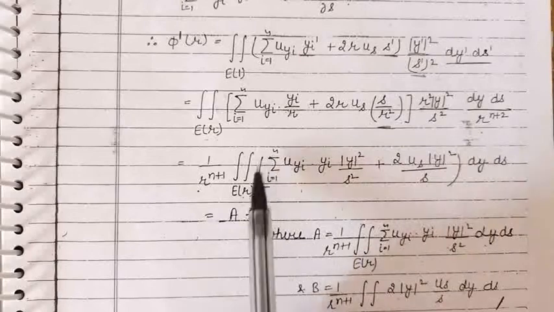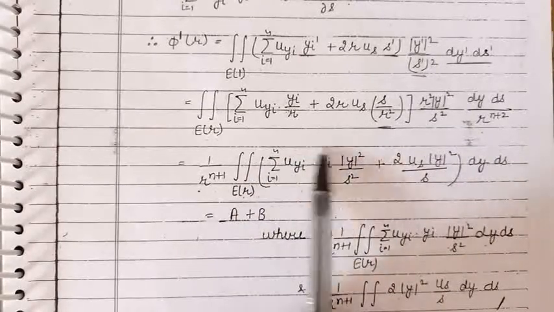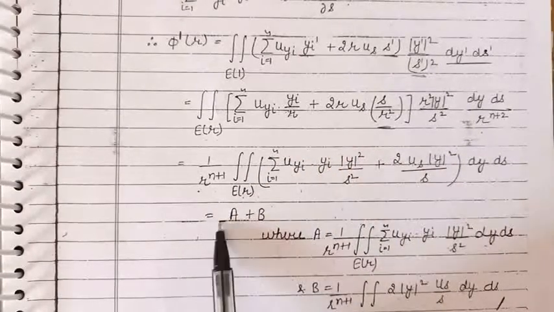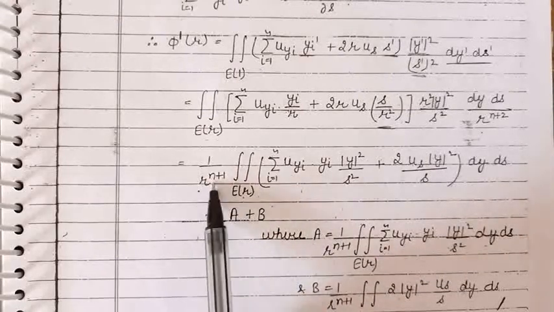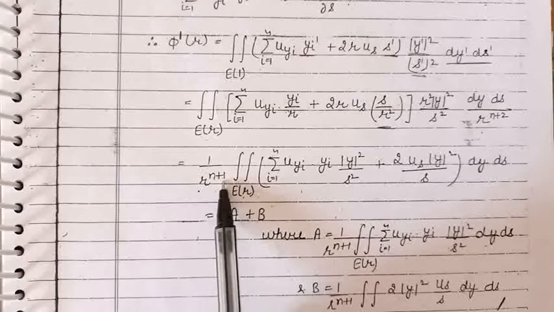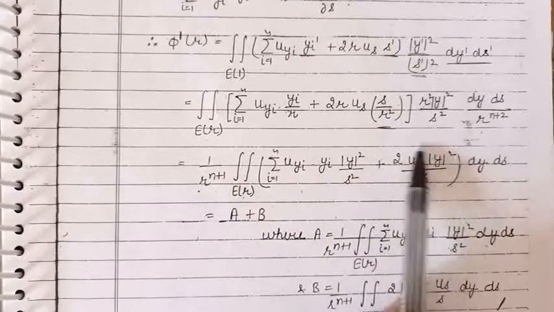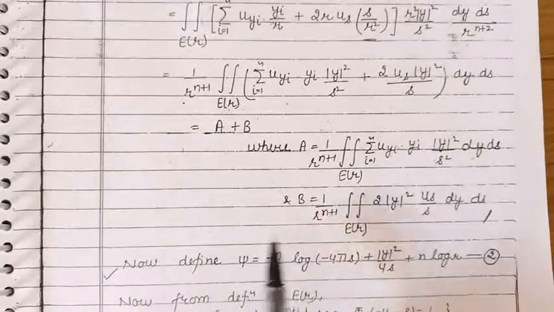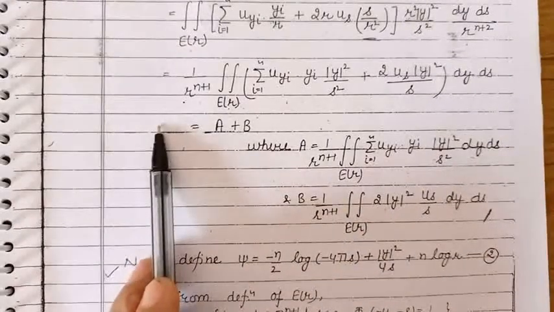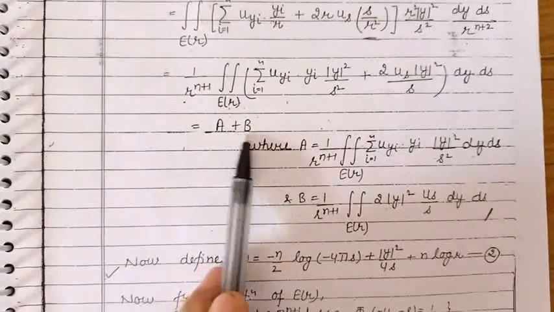Now let us denote the integral of this first term by a, and 1 upon r to the power n plus 1 into the double integral of this term we denote by b. So finally we can see that phi dash r is equal to a plus b.